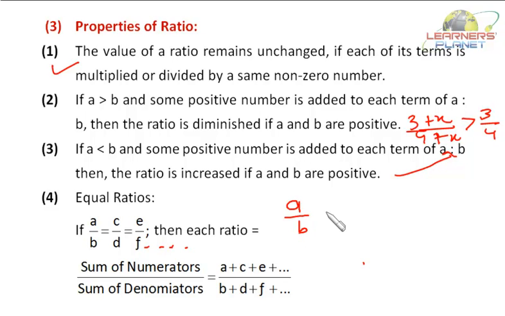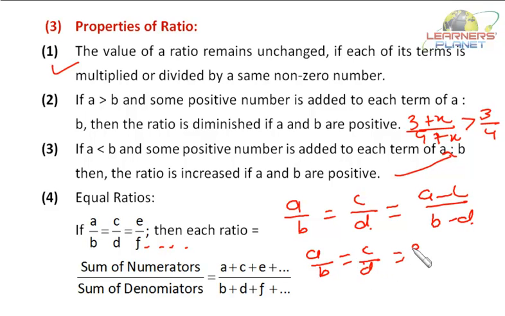Suppose A by B is equal to C by D, then each ratio will be equal to A minus C over B minus D. Or suppose we are having more than two ratios, say A by B is equal to C by D is equal to E by F. So whatever operation we are performing in the numerator, the same operation should be performed in the denominator.